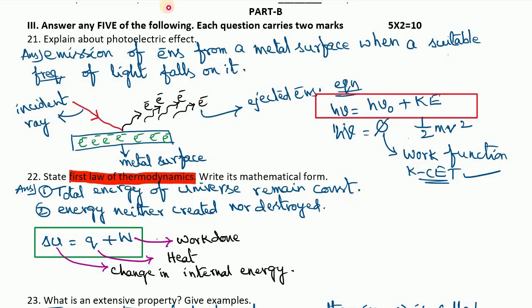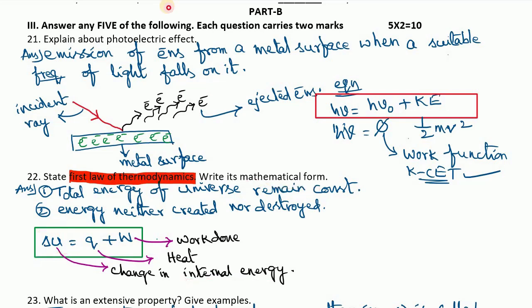This is one of the definitions, and we have a second definition also. Energy is neither created nor destroyed. You might have studied in lower classes. Simple definition. Energy is neither created nor destroyed. Right. So now let us see here. Some mathematical equation is derived here. So what is this? Delta U. What is delta U?